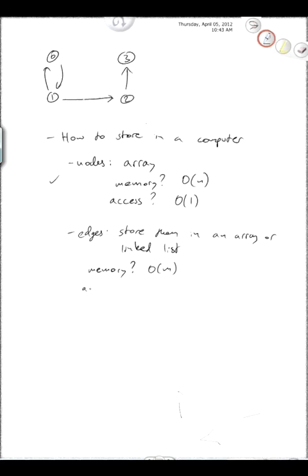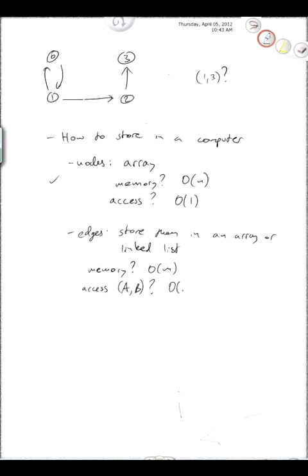So what about if somebody comes along and wants to see if a particular edge AB is in the graph? So just as an example, maybe somebody comes along and says, is edge 1, 3, is it in this graph over here? So to do that, I basically have to see if 1, 3 is somehow stored in my list of edges or in my array.